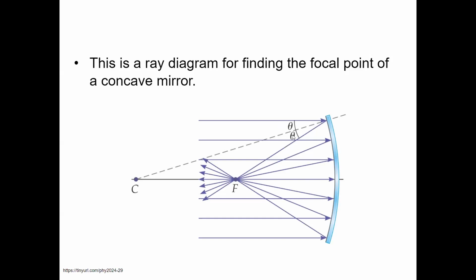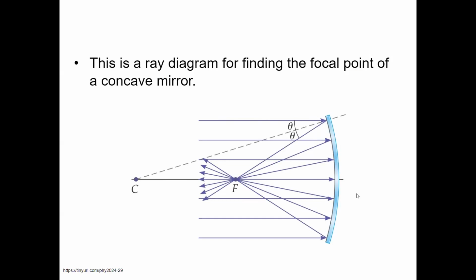Because this theta is equal to this theta, and because this ray is parallel to the principal axis, this angle over here is also theta. Since theta is small, this length is equal to this length, or equal to this one. So this is from the geometry.